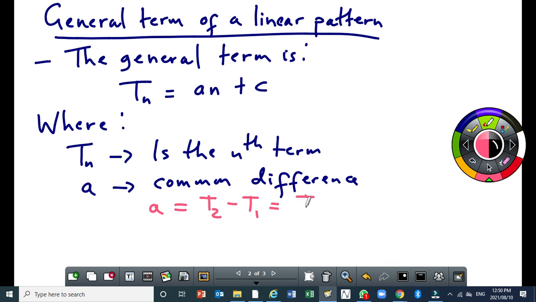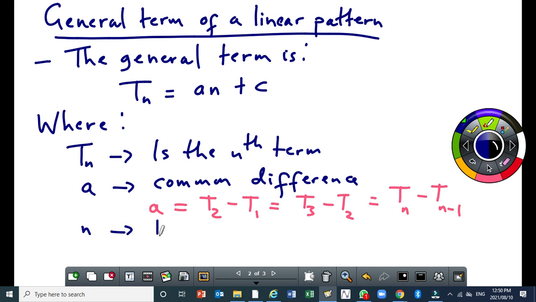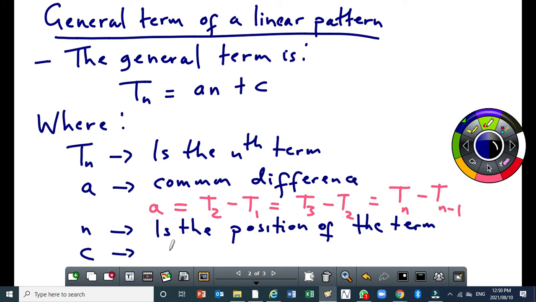It's also equal to T3 minus T2. So generally we can write it as Tn minus Tn-1. Okay? N is the position of the term. And C is a constant. C is a constant term.